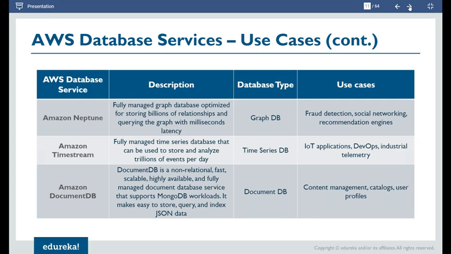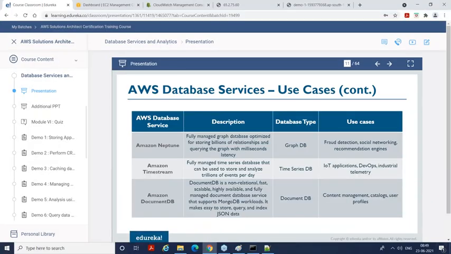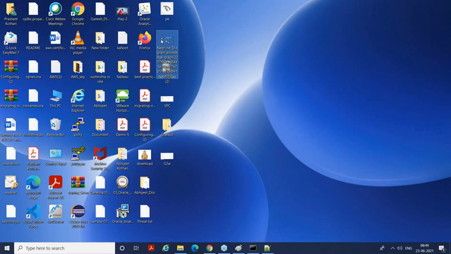The same thing can be achieved using Neptune kind of databases. It will have graph records and it can query those graph records with millisecond latency. A very good example is this image. I'm opening it on my screen. Pay attention.